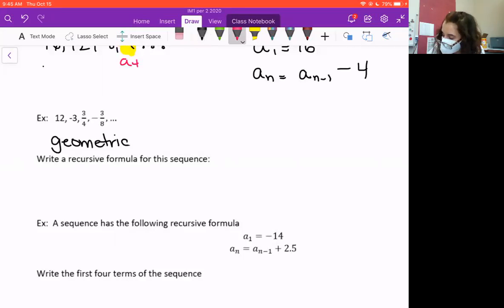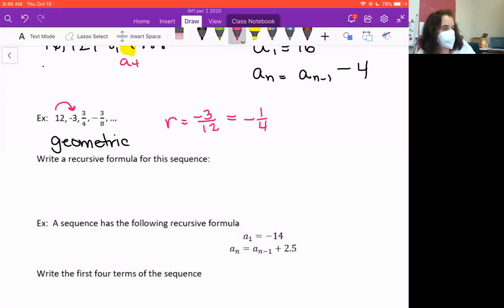In this case, take a look right here. I can take 12, I can multiply by something to get -3. Specifically, I take -3, divide by 12, and I know that my common ratio is -1/4. If you don't like fractions, you can write -0.25. Okay, that's my common ratio.